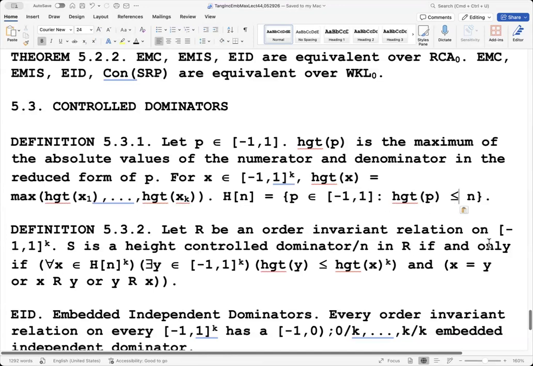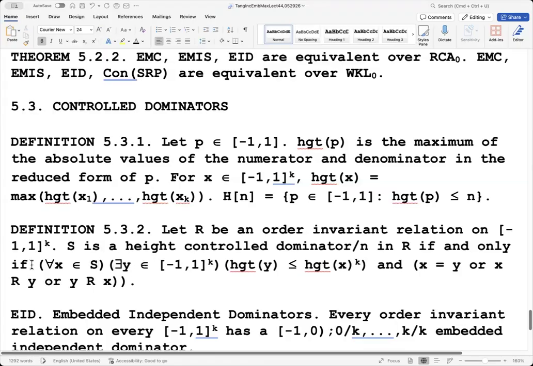So let R be an order invariant relation on minus one to the k. S is a height controlled dominator with another parameter n in R if and only if for every x in H of n to the k, in other words... actually, there's a better way to say this.